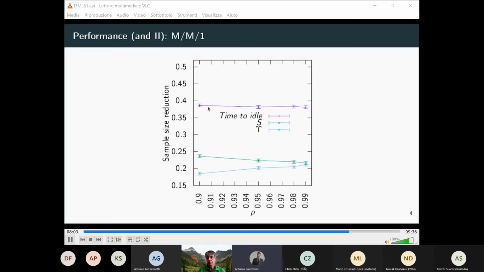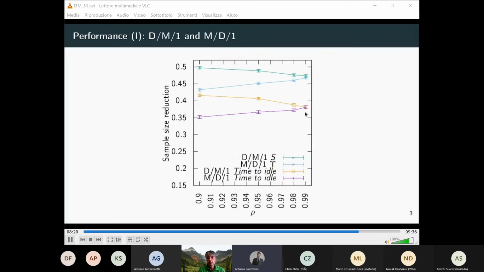Nevertheless, the time to idle gets something quite similar with respect to what it obtained in the two previous cases. Concretely, this point is almost the same that it obtained in the three systems.